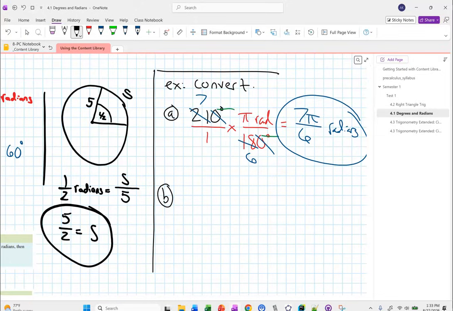If your radian measure has a pi in it, it should reduce down to a rational number of degrees. Okay. So let's say we have, I don't know, like 3 pi over 5 radians.